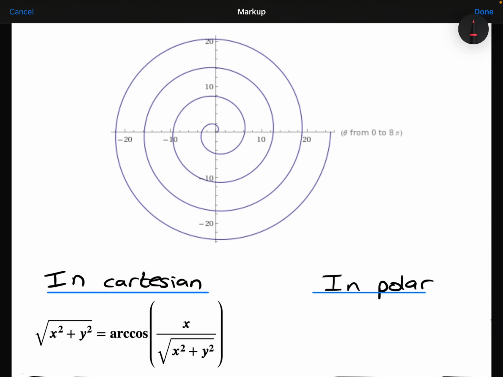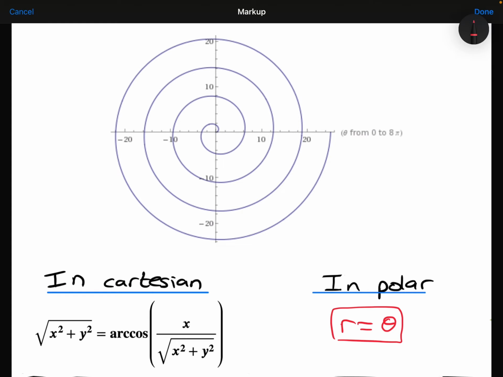But in polar coordinate form, the polar equation of this spiral is really simple. It's just the r coordinate is equal to the theta coordinate, the angle. That's it. The radius is equal to the angle.